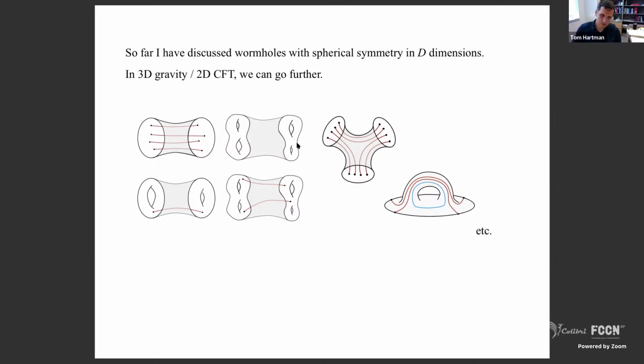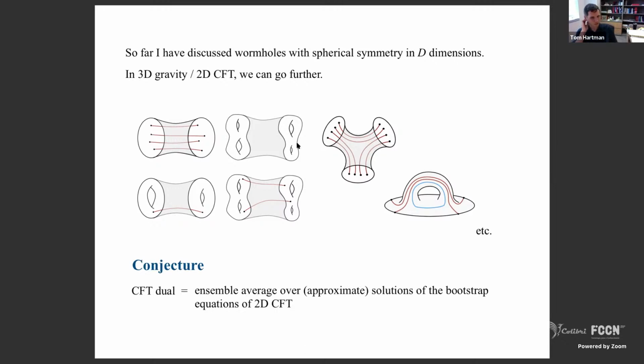And this led us to the conjecture that the CFT dual of these wormholes is an ensemble average over approximate solutions of the bootstrap equations of a 2D CFT. This is a precise statement, so I'm going to explain what's meant by this average, what it means to do this CFT average.